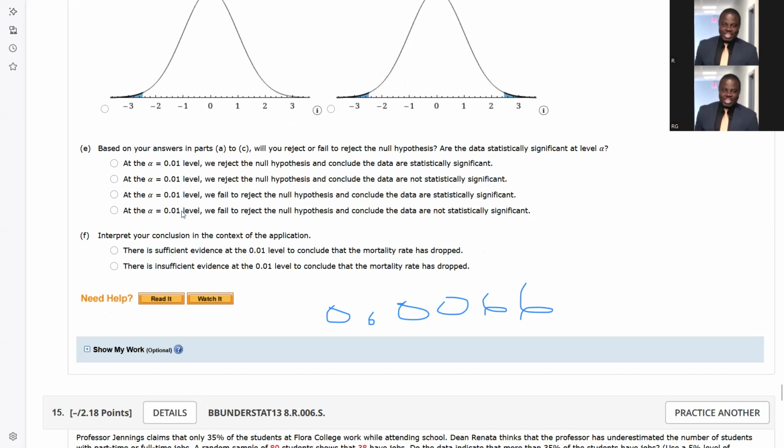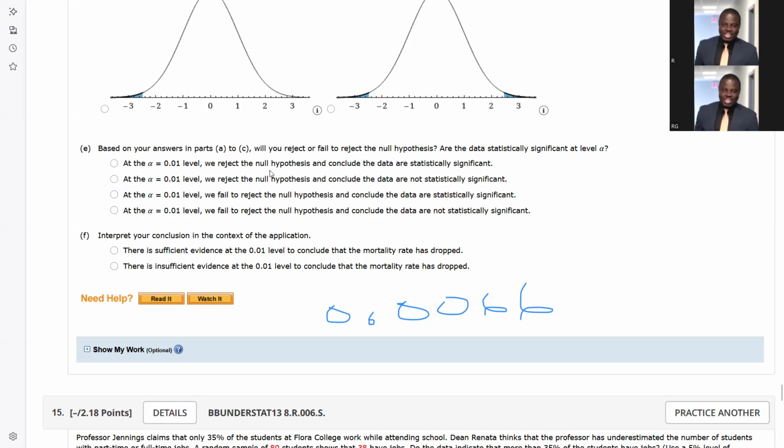Clearly, the p-value is less than the alpha. If the p-value is less than alpha, we reject the null hypothesis. If the p-value is greater than alpha, you fail to reject the null hypothesis. So here we are going to reject.